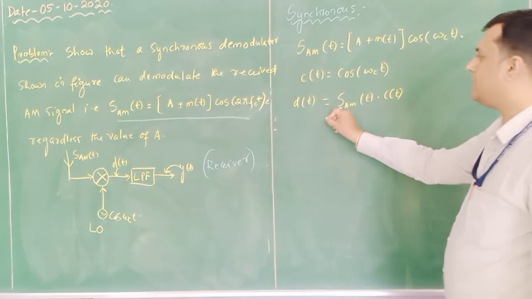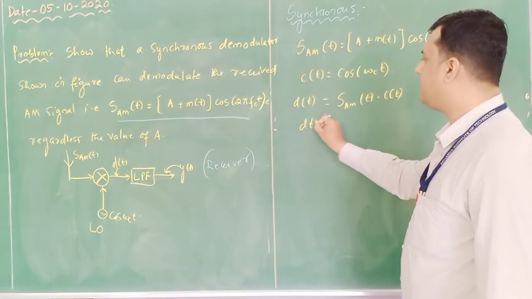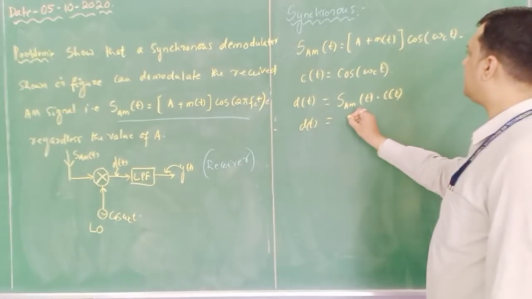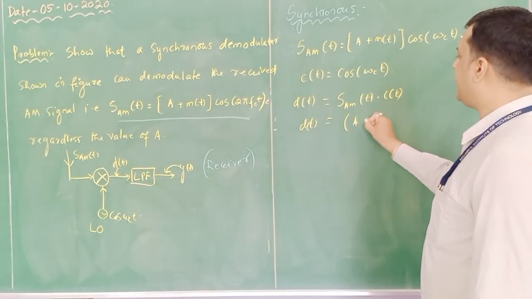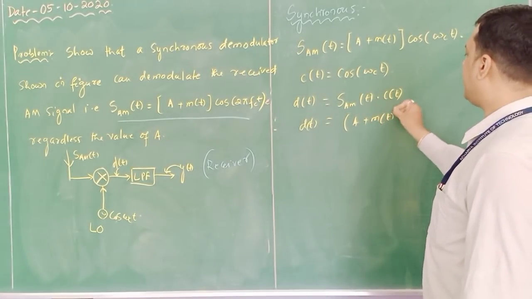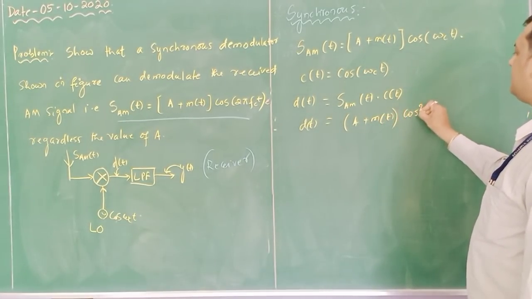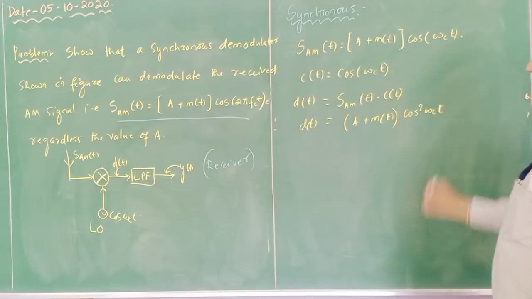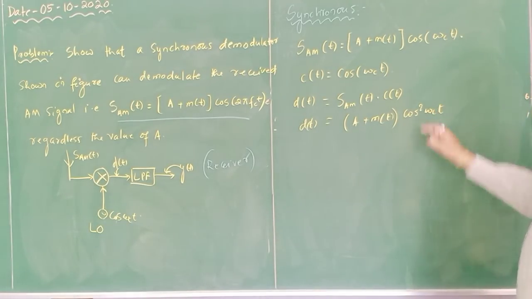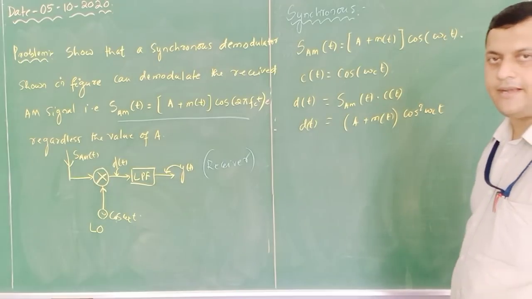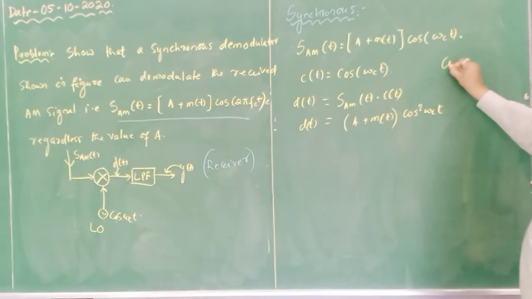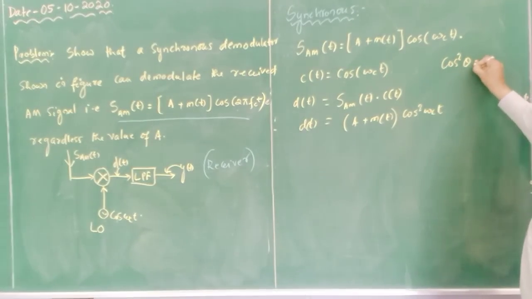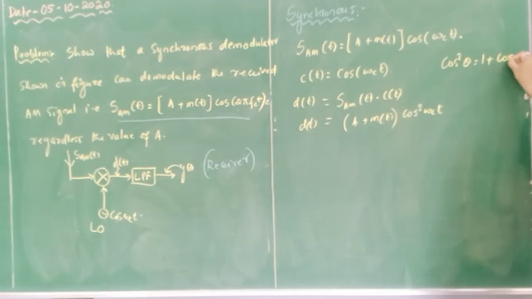Now I will simply multiply these two components so that I get A plus m of t cos square omega ct. Now this cos square omega ct you can expand using cos square theta is equal to 1 plus cos 2 theta divided by 2.